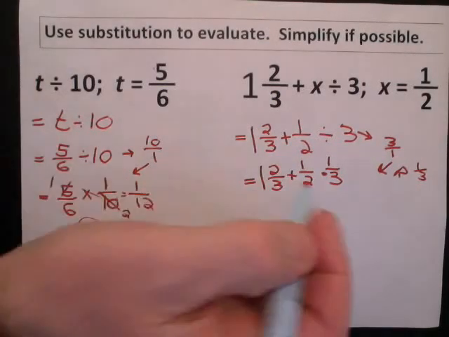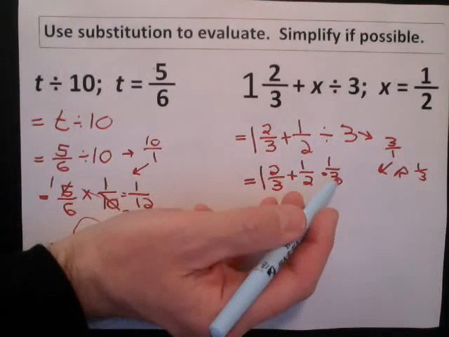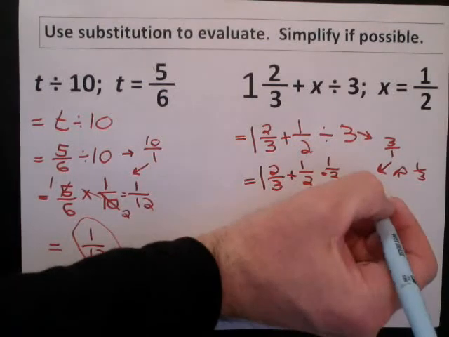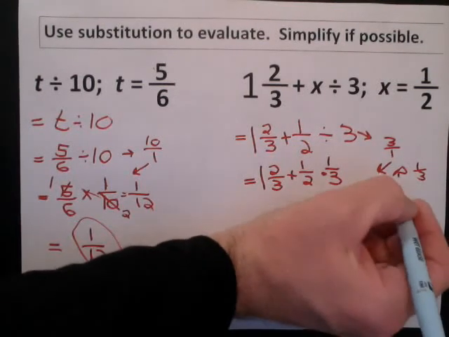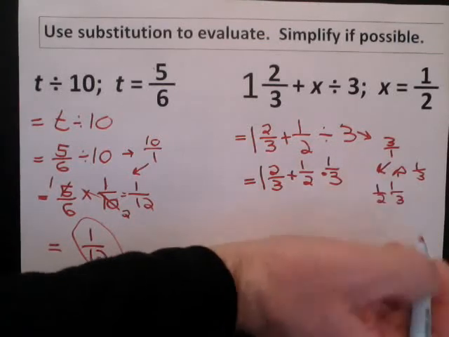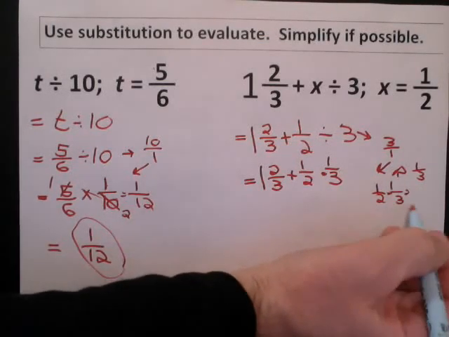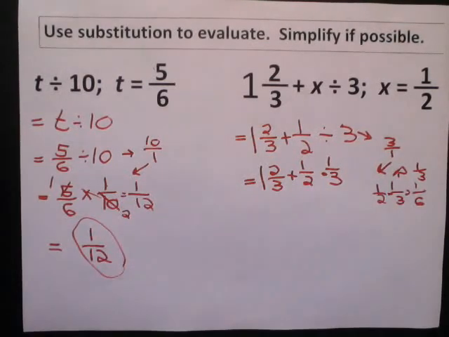So now we have 1/2 times 1/3. If you needed to, you could do that on scratch paper. Some people can do that in their head, and they know that 2 times 3 is 6. They know that 1 times 1 is 1, so the answer is 1/6.